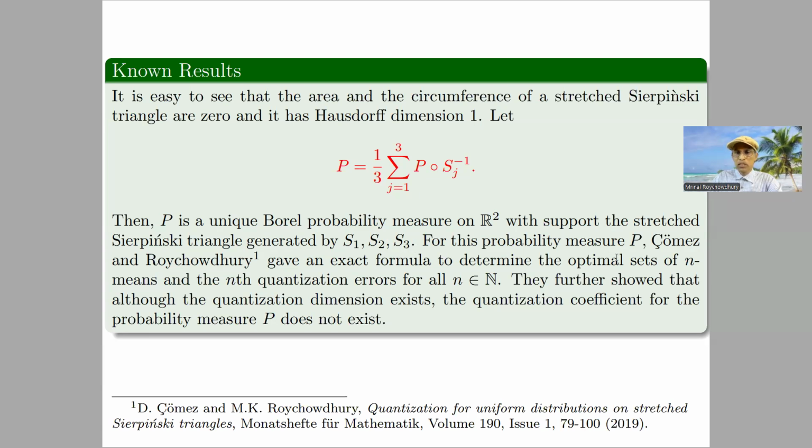For this probability measure P, Gomez and Roy Chaudhury gave an exact formula to determine the optimal sets of n means and the nth quantization errors for all positive integers n. They further showed that although the quantization dimension exists, the quantization coefficient for the probability measure P does not exist.